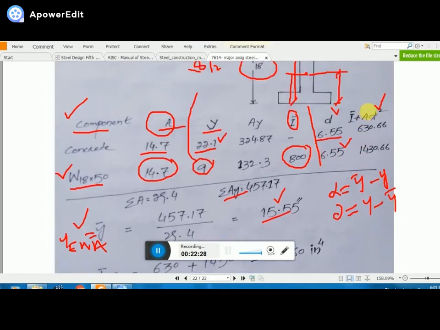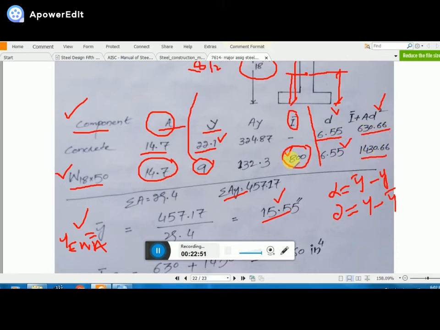So just subtract this value from this, or this value from this, you got that one. Then you have to use the parallel axis theorem. The moment of inertia here is bd cubed by 12, but here we have this one as 0, so we only consider Ad squared. You know A is 14.7 and d is 6.5. Taking the square, you got this one, and similarly for this one.